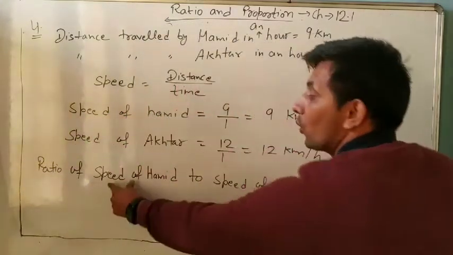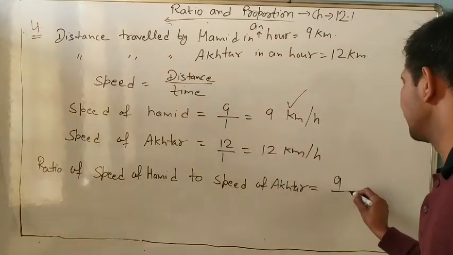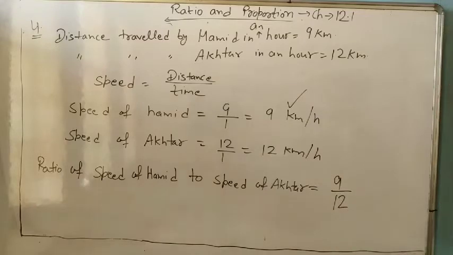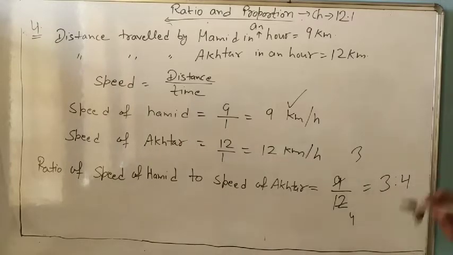Speed of Hamid is 9 and Akhtar is 12. So cut by 3, we get 3 and 4. So the ratio of speeds is 3:4. It is your answer.